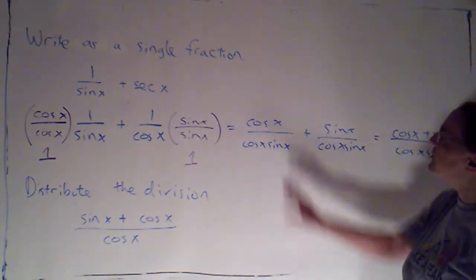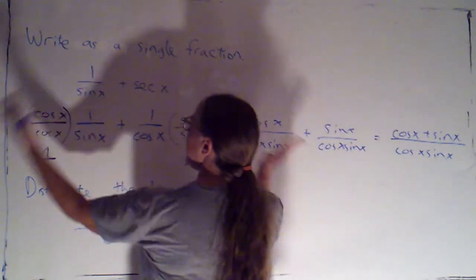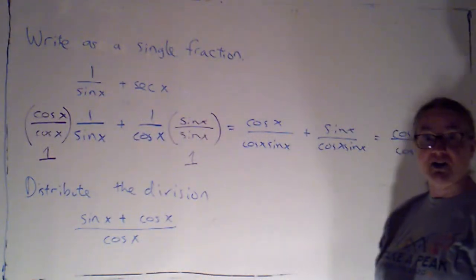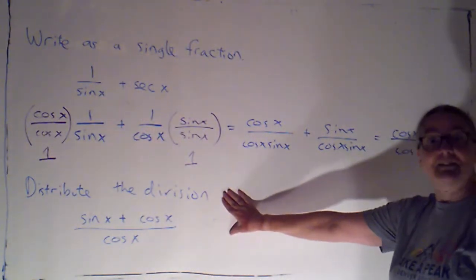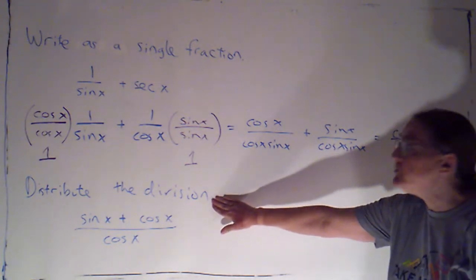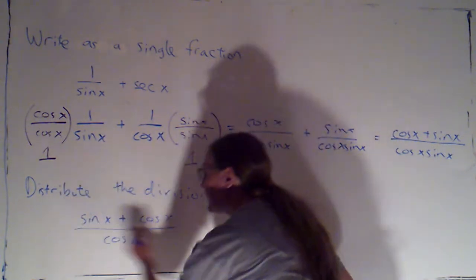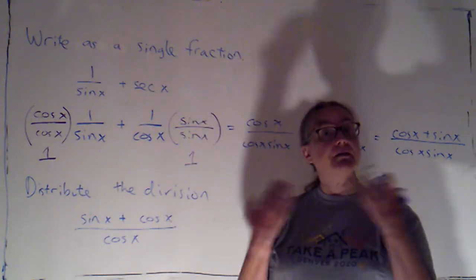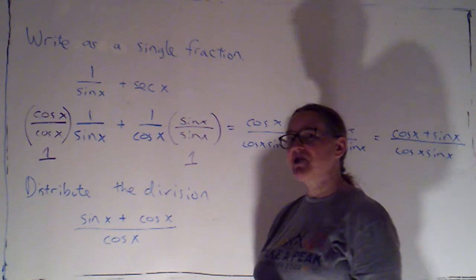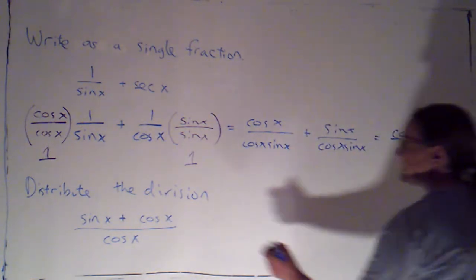Okay, so here we were taking two pieces and we were combining them into one fraction. Now here we're going to do exactly the opposite. Distribute the division. On top I have an addition problem. We're dividing the whole thing by cosine of x. But division, just like multiplication, distributes over addition and subtraction.